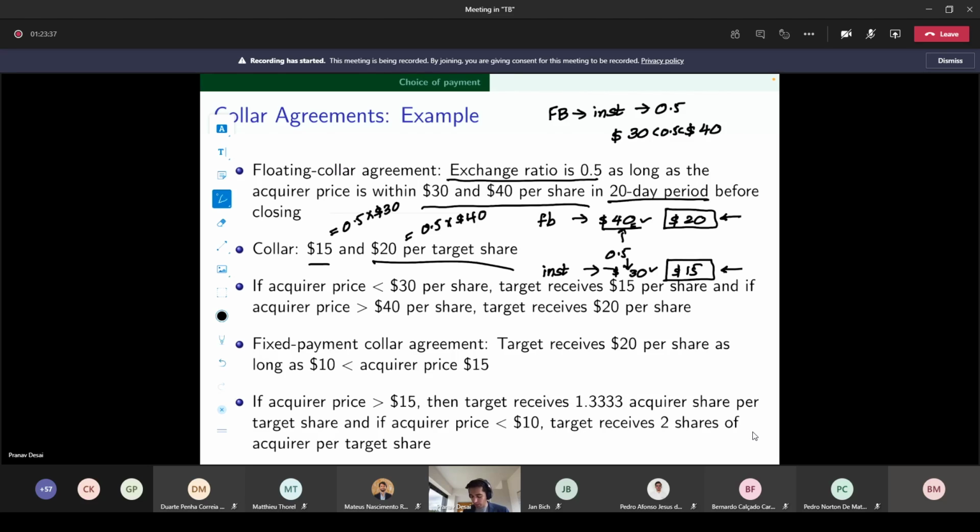Now, the second way that this collar agreement can go through is, as an example, if Facebook had offered Instagram, say, $20 per share. And how does it offer $20 per share when it's paying with stock?